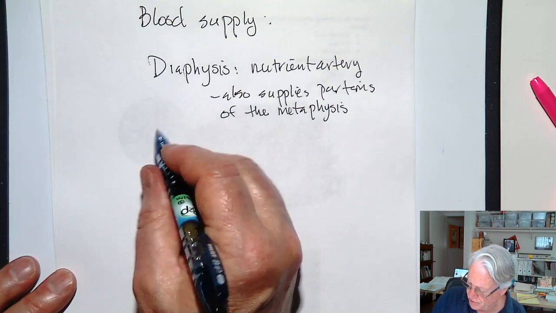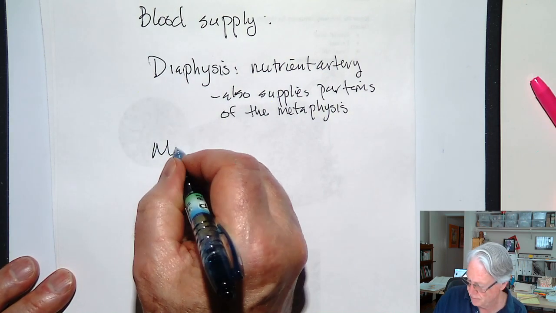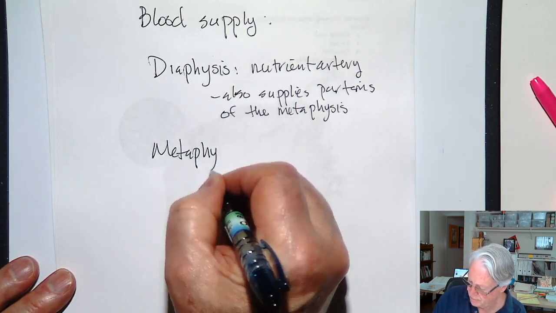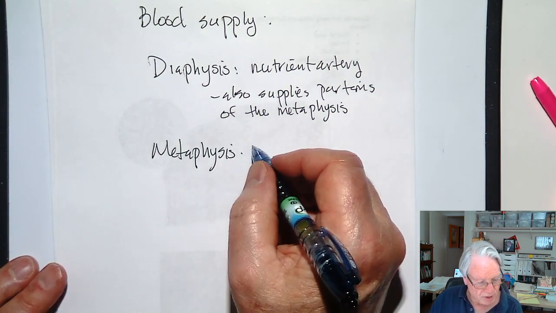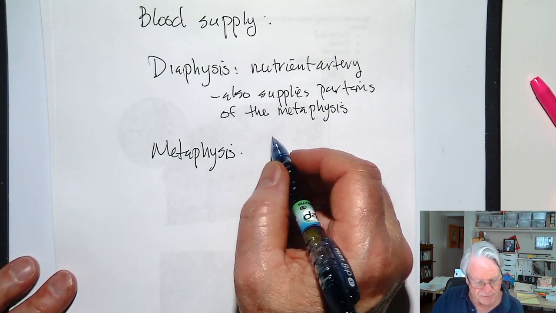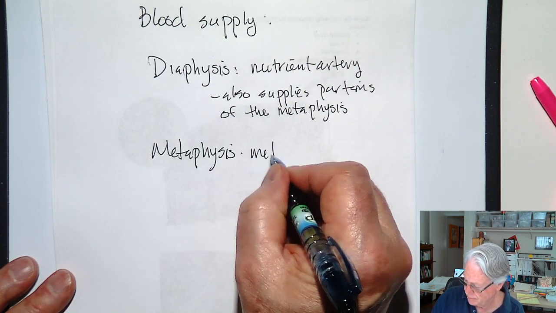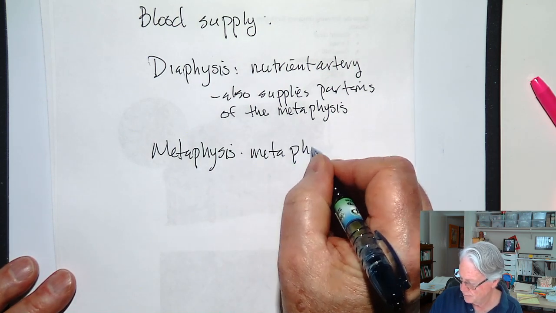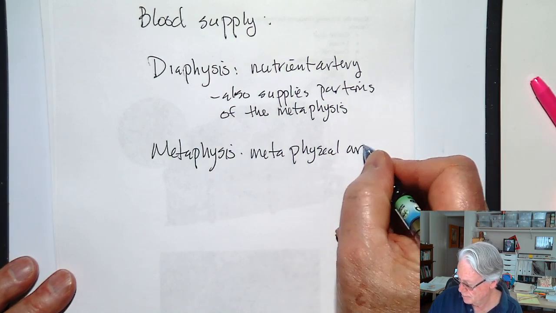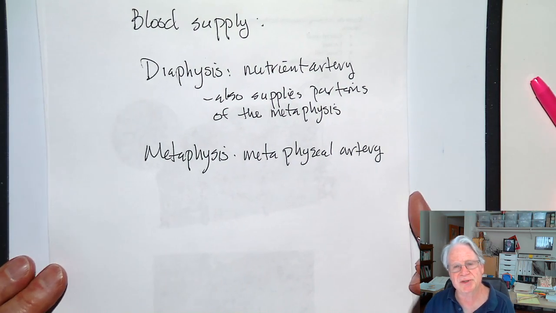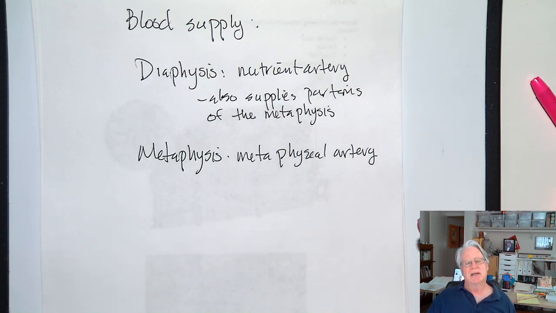Let's see. For the metaphysis, we have the metaphyseal artery. And I'm just talking about the arteries, but please note that for every artery there is also a vein named in the same way. That's typical throughout the body. You'll find arteries and veins together.